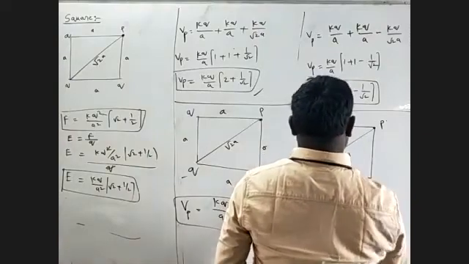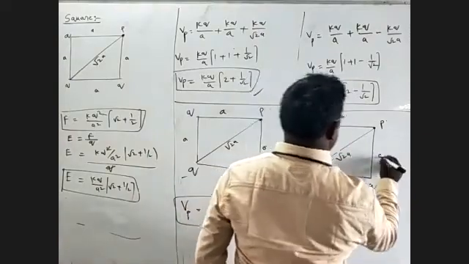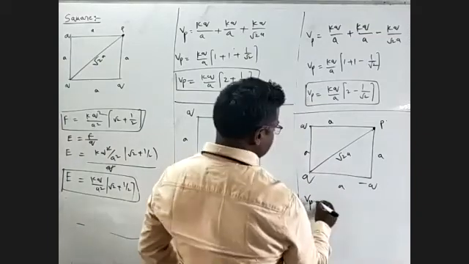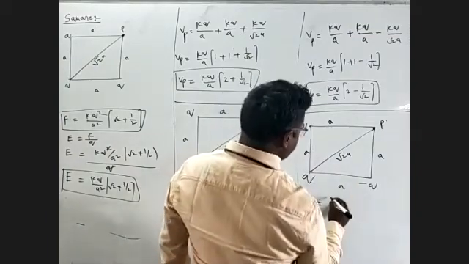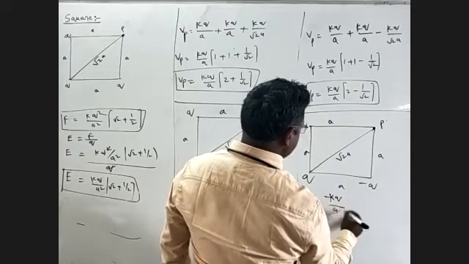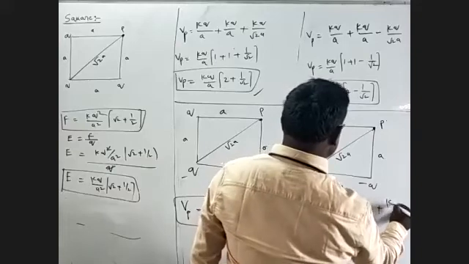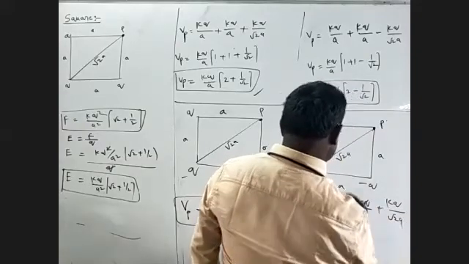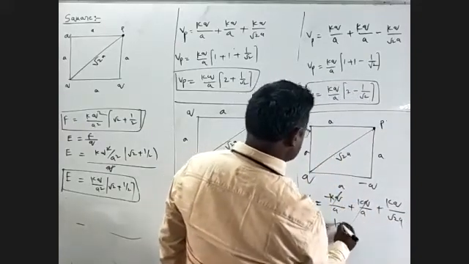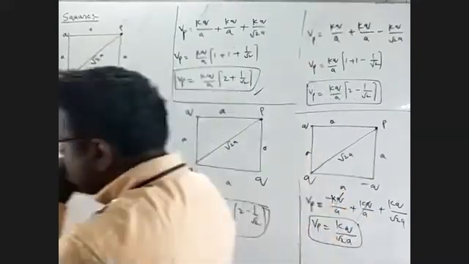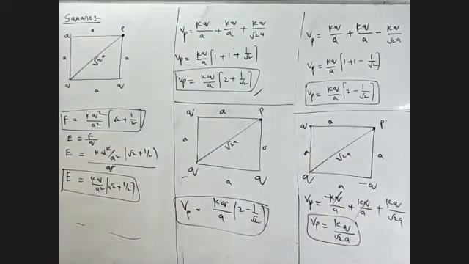From here to here the distance is A. So VP is equal to minus KQ by A plus KQ by A plus KQ by root 2A. These cancel each other. VP is equal to KQ by root 2A. That is your answer.